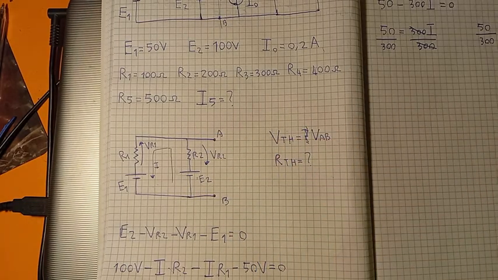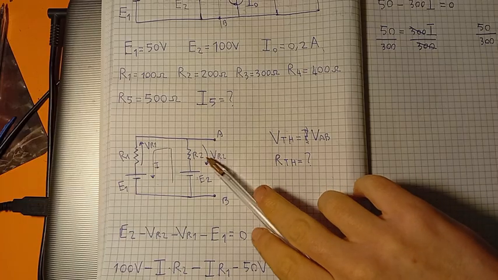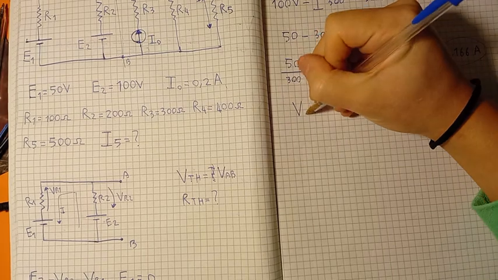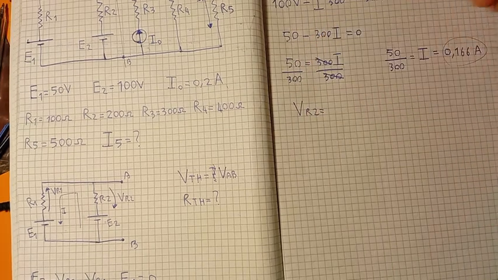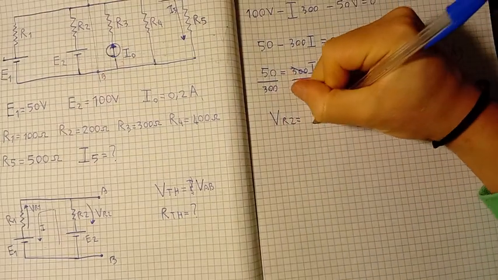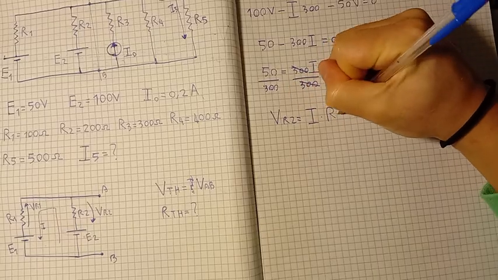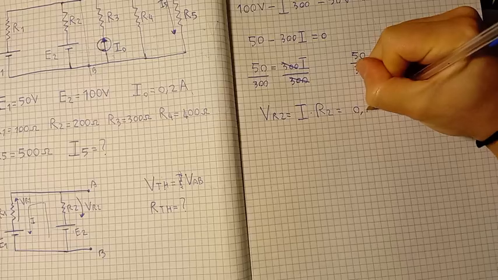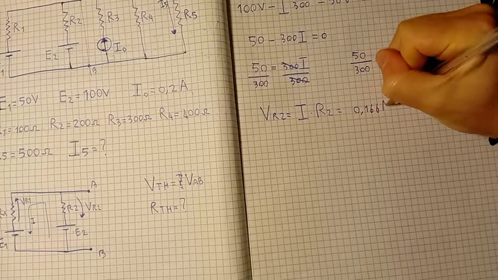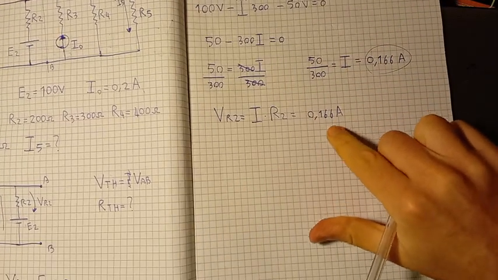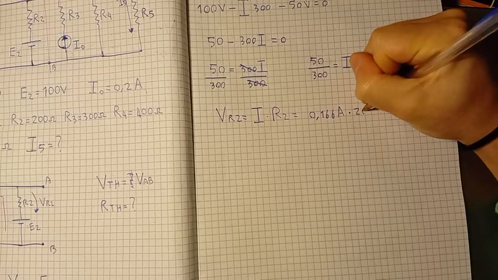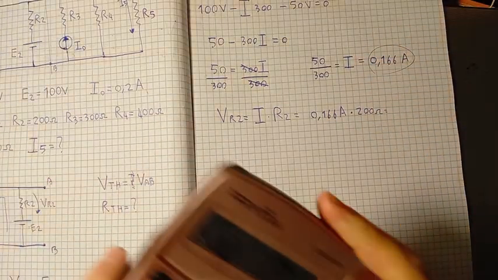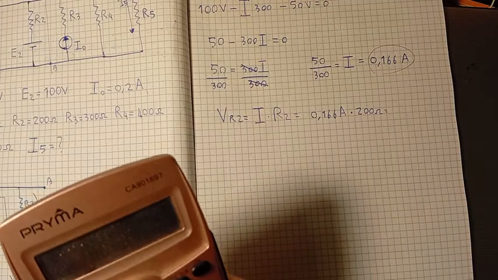The first thing we have to do is to calculate the voltage drop exactly on resistor 2. The voltage drop on resistor 2 is the current multiplied by R2. We know the value of the current now, which is 0.166 ampere, and R2 is 200. So let's just do this and find out how much is the voltage drop on R2.